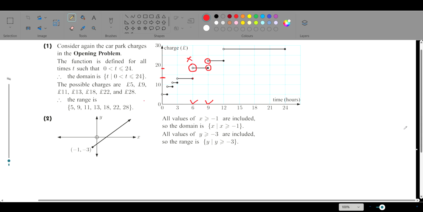I hope you're getting it, right? So for example, at t equal to 12, the price is let's say somewhere around 20.2 or 20.3 dollars. But from 12 onwards, like 12.1 hours or 12.2 hours, the charge will suddenly shoot up to almost more than 25, like 28 or 29 dollars, and this will go till 24 hours.